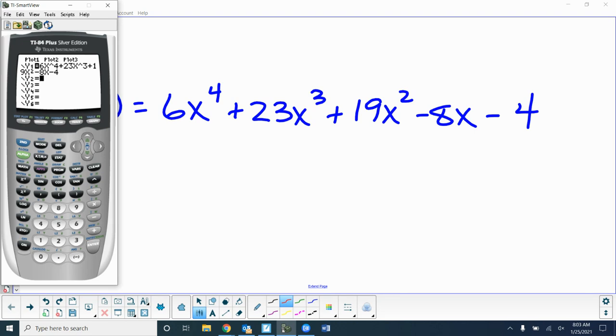Shows up in the tables that they show up on the graph. Forgot an X. That doesn't look right.